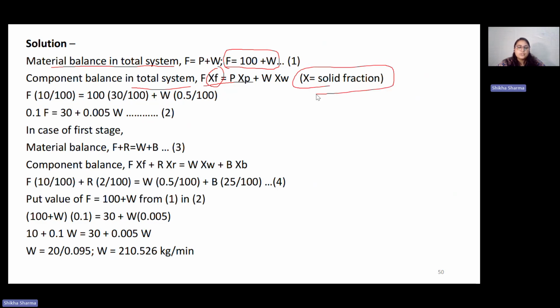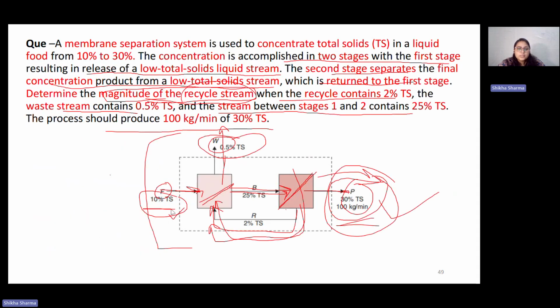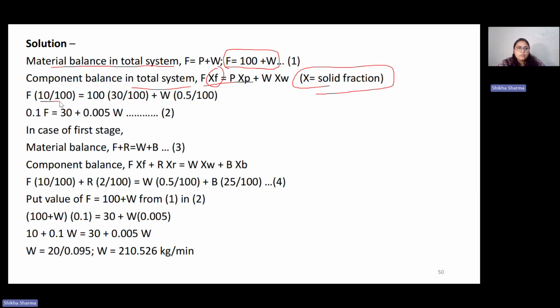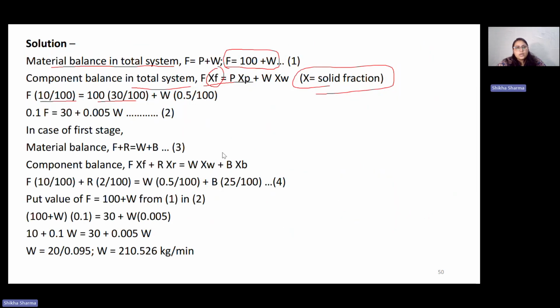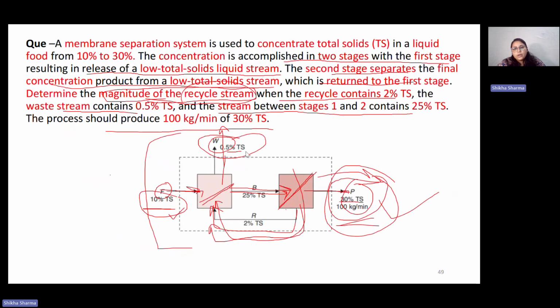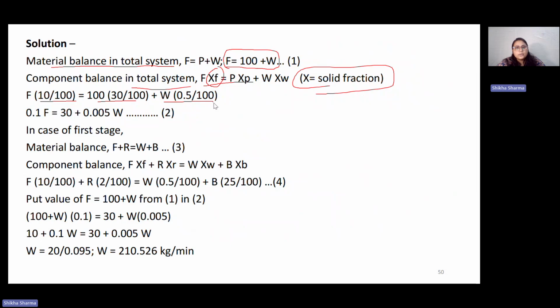X is the solid fraction for each component: feed, waste, and product. Since the solid fraction is 10% for the feed, F into 10 divided by 100 equals, in the product, 30% TS, so 100 into 30 divided by 100, plus in the waste 0.5% TS, so 0.5 divided by 100. Now it would be 0.1 F equals 30 plus 0.005 W, which is the second equation.